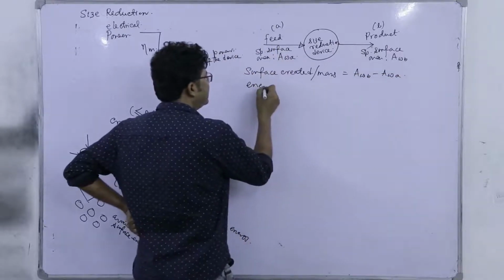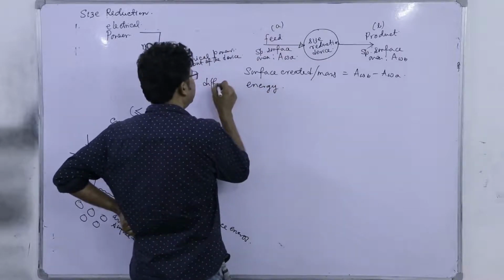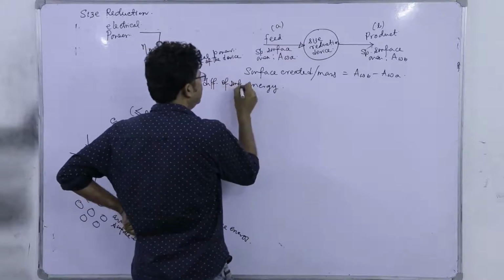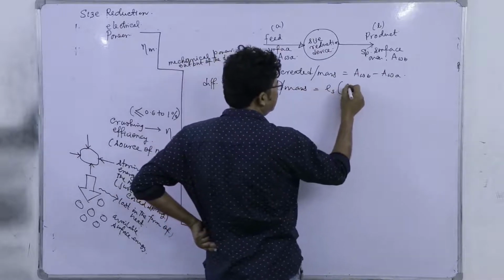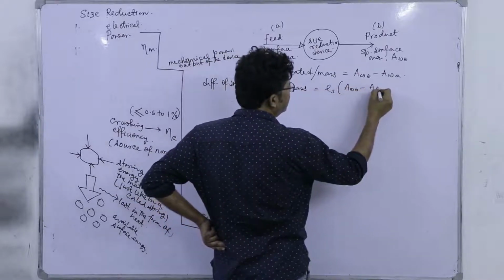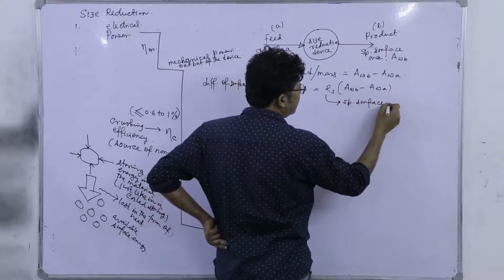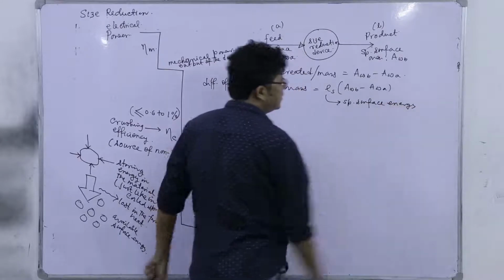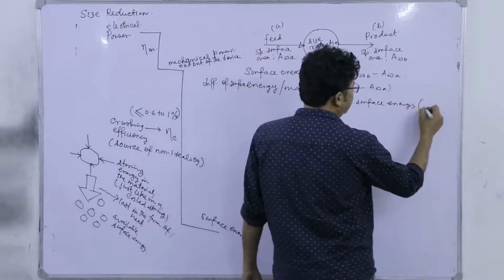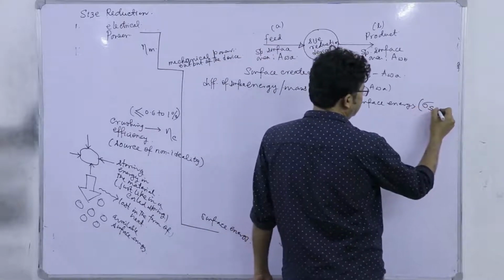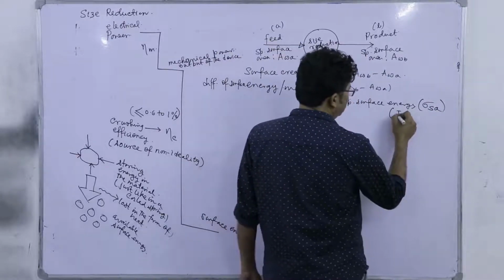The difference of surface energy per unit mass is equal to ES into AWB minus AWA, where ES is the specific surface energy, equivalent to the solid-air surface tension, basically sigma SA, and its unit will be joule per meter square.